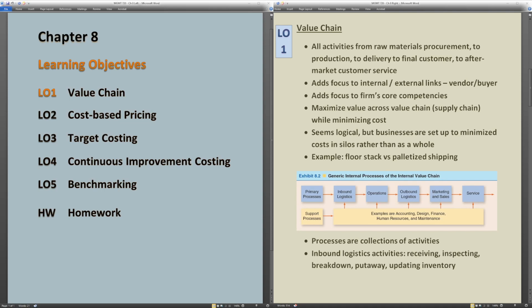You're going to put it away in the correct places in your warehouse, and then you're going to update inventory to show that that product's available. So those are a whole bunch of individual activities that are related and all go together in the same inbound logistics process. And all of these different processes have a similar series of activities that go along with it.